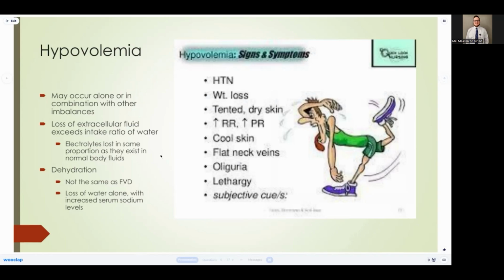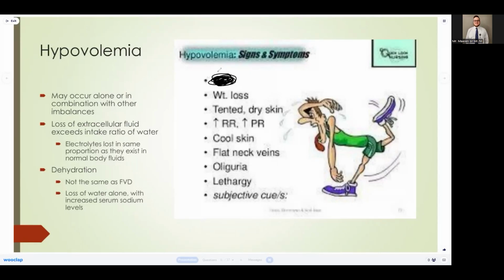Hypovolemia just means there's a low volume. Hypo means low, and volemia refers to volume. Let me mark something out here real quick. On this slide, you can kind of ignore this; I'll talk about that in a second.